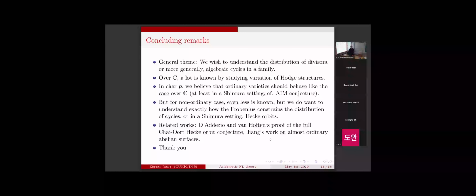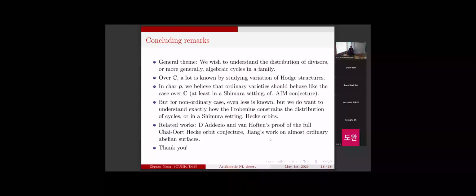Is there a similar conjecture in other Shimura varieties? That's a good question. I think for other Shimura varieties, it will be much more complicated, because the orthogonal Shimura variety is particularly simple in that, at least for the non-supersingular part, every Newton stratum is a central leaf.